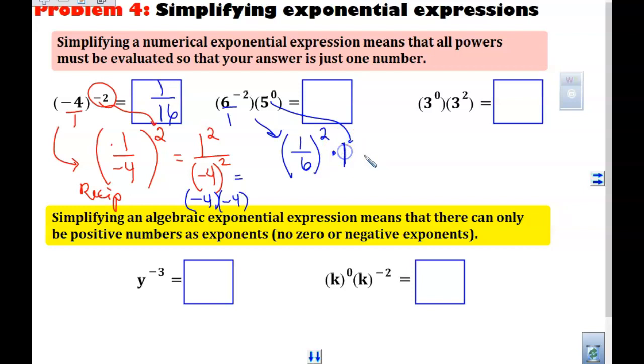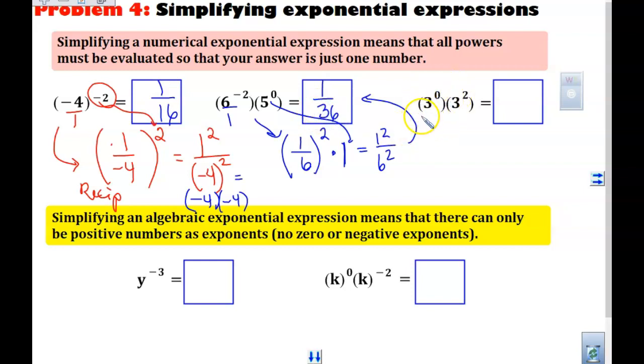So it's going to be times 1, right? So now I'm going to take my numerator. Jonathan, I have 1 squared over 6 squared. 1 squared is going to leave us with 1. And in my denominator, Autumn, 6 squared equals 36.